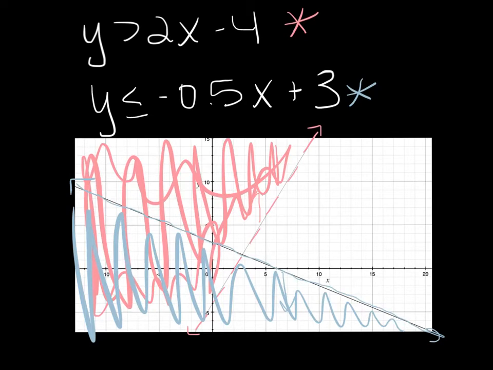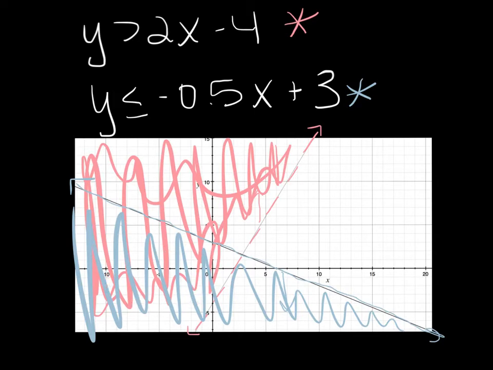So if I'm looking at my graph here, I want to see where my inequalities are overlapping, right? When we had just systems of equations, we looked for where they intersected, but that's not the case necessarily when we're looking at inequalities. We're looking at where they are both pink and blue. So over here is where they're pink and blue.